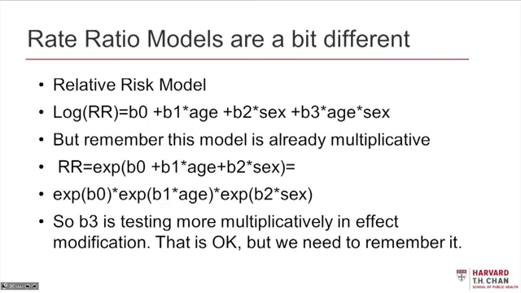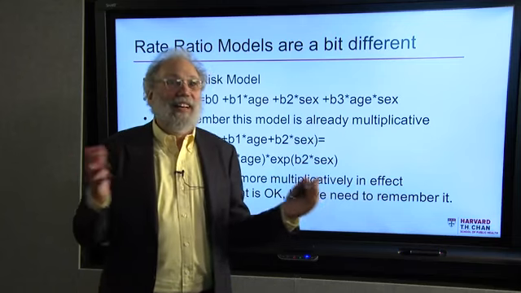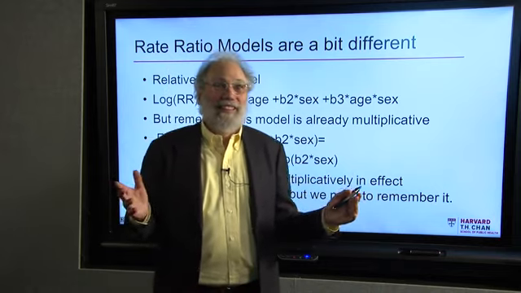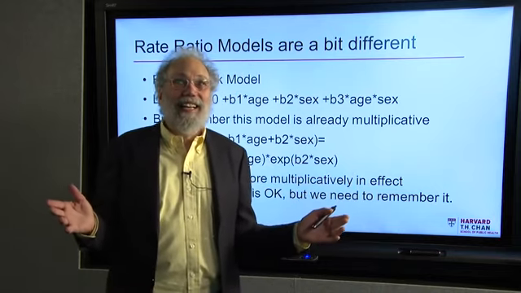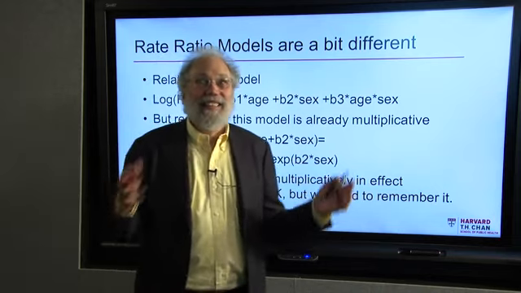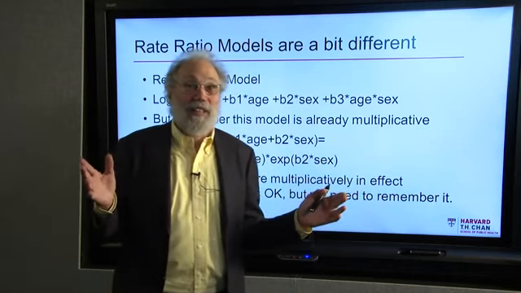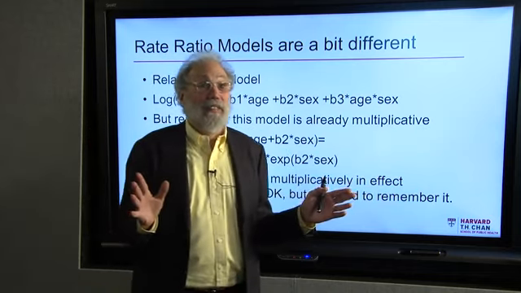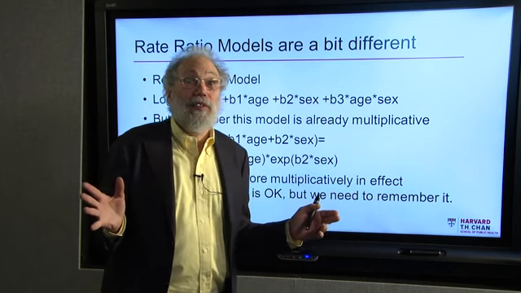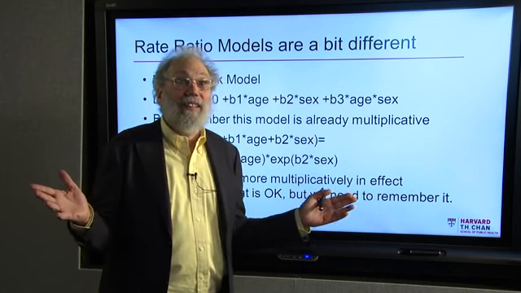Now, rate ratio models are a little different, and this has stimulated huge debates in the epidemiologic literature, which I think are arguing about angels on the head of a pin. There are different ways to look at it, and it doesn't mean that any of them are wrong. You just need to know what you're doing. So in principle, the model is the same.